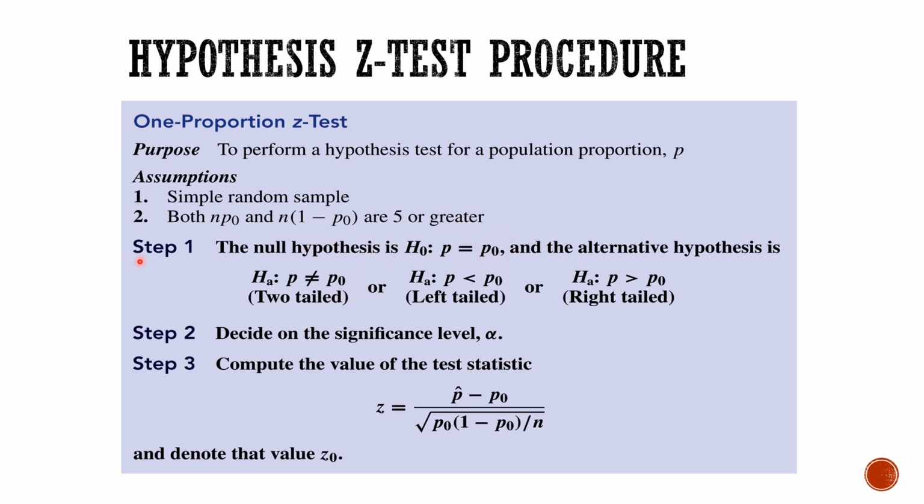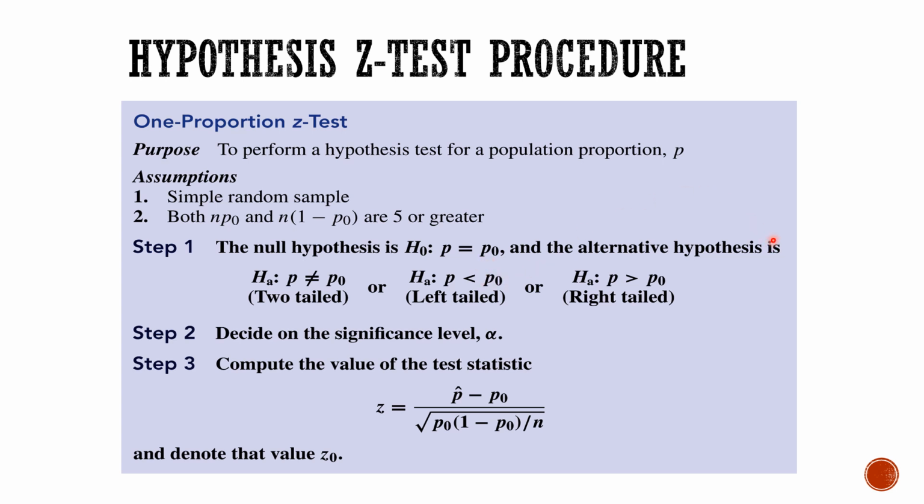So the way we state our null hypothesis, it should say H sub 0: p equals p sub 0. P sub 0 again is the null hypothesis proportion. Because it's a one proportion test, it should have a specific value between 0 and 1.